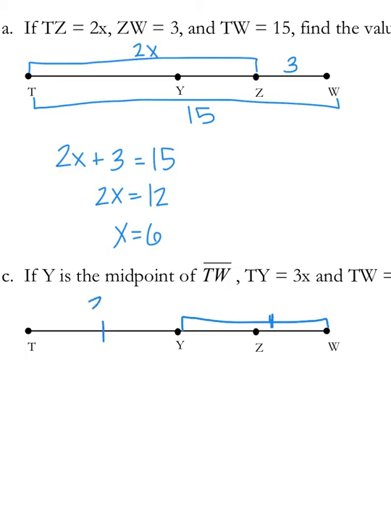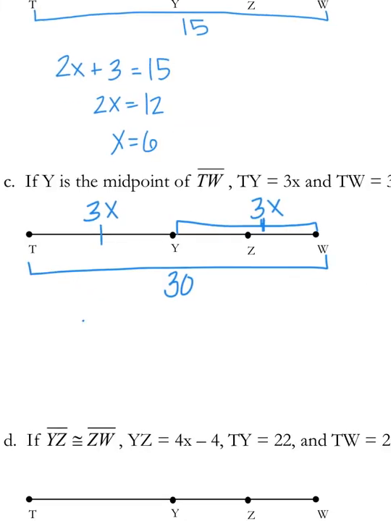TY is 3x, and TW is 30. So now we can do this a couple different ways. One way you can say tick marks mean that they're equal, so this is also 3x. So that means that 3x plus 3x equals 30.